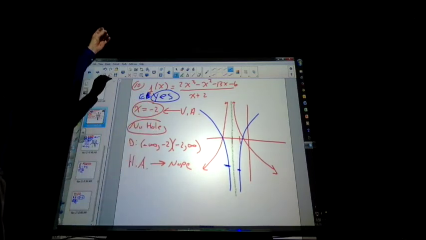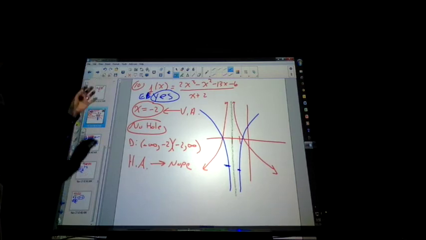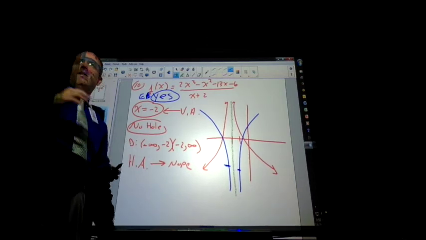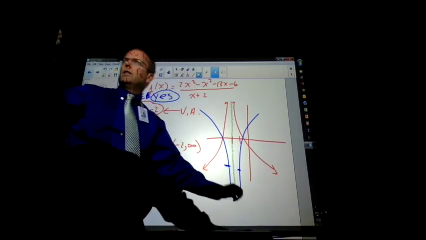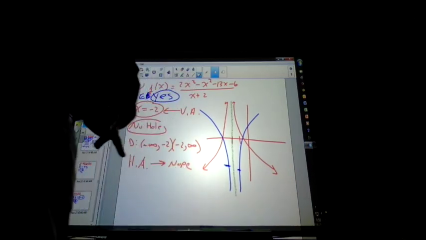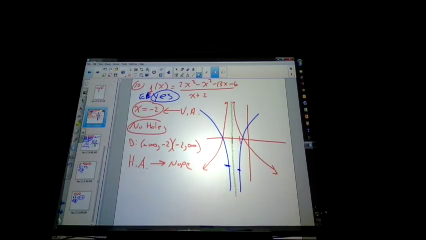The top has a larger exponent than the bottom. That dictates the end behavior. If the top has a higher exponent than the bottom, then you have an end behavior or an oblique asymptote. If the degree is equal or if the degree is less on top than bottom, no end behavior asymptote.